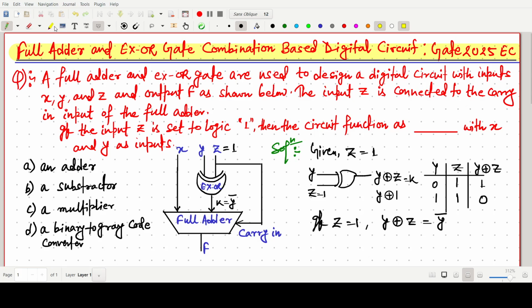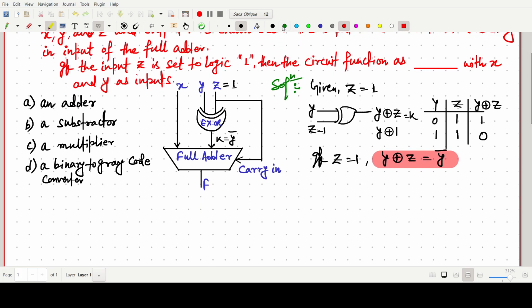This is the important point: Y XOR Z will be Y bar.